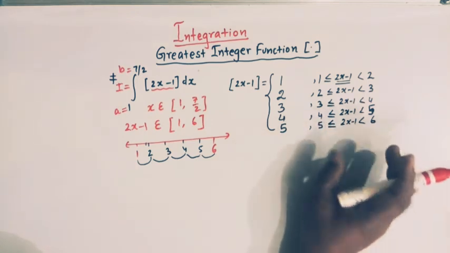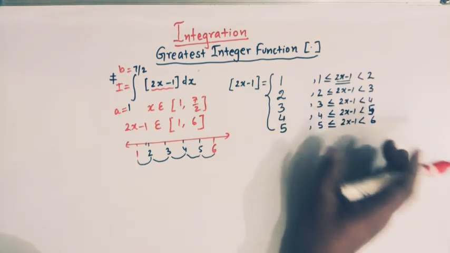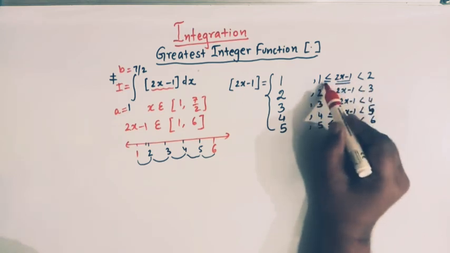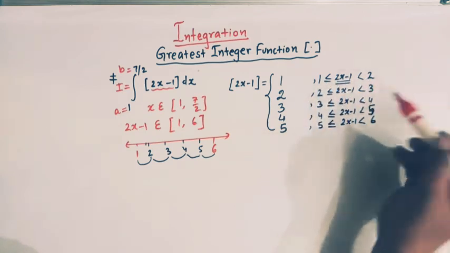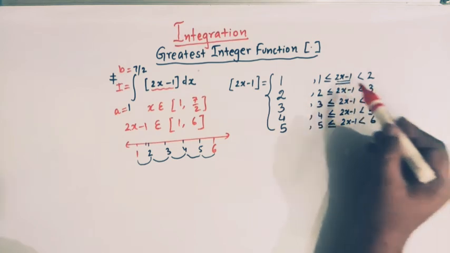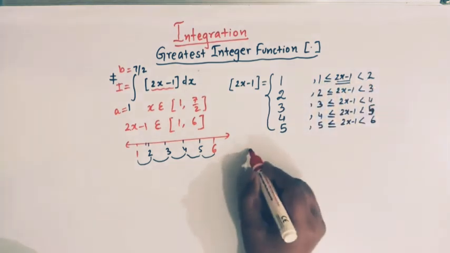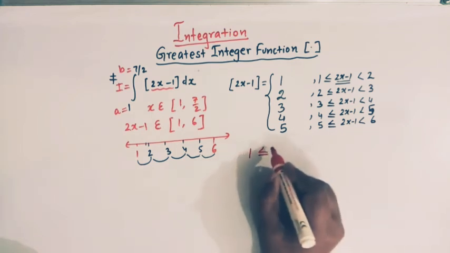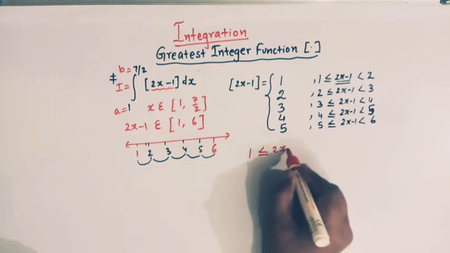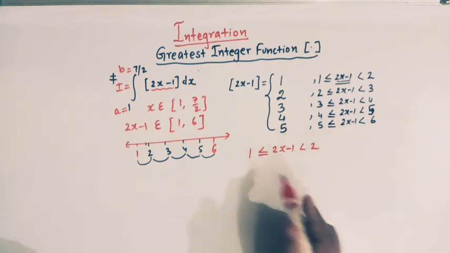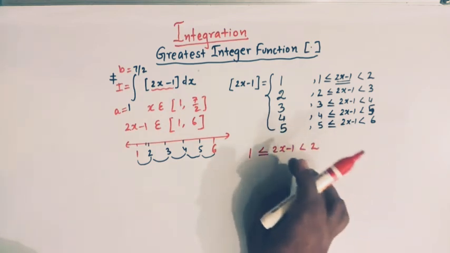Now our next aim is to express these inequalities in terms of x. Suppose we solve this inequality, 1 less than or equal to 2x minus 1 but less than 2, for x.